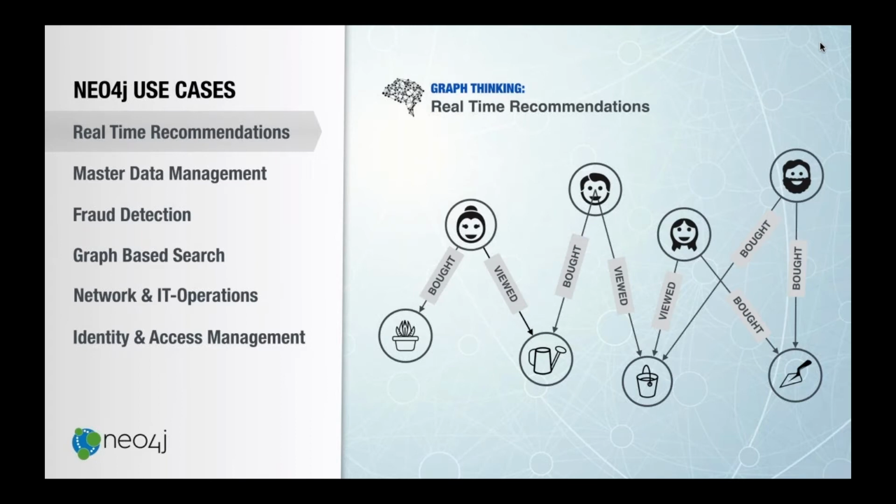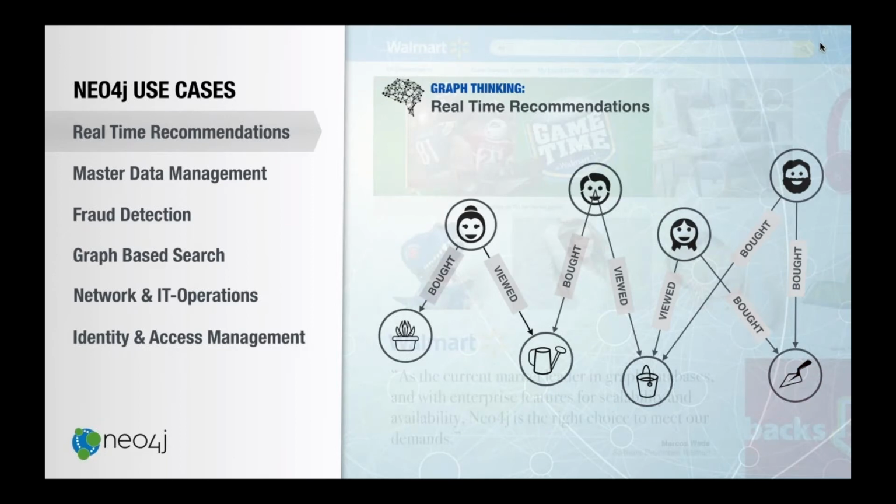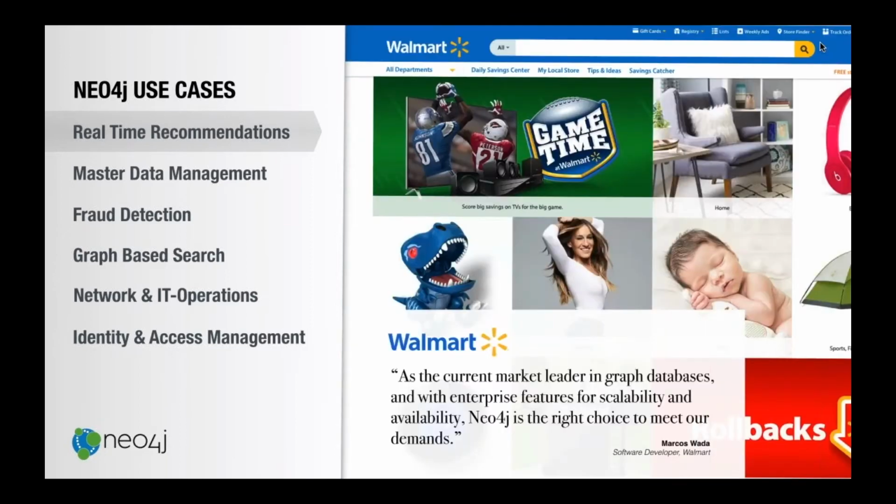It allows you to spin up an instance of Neo4j and look at the different ways that you might want to perform recommendations on a sample data set. And it guides you through, in a step-by-step tutorial, how to do recommendations on top of Neo4j. So that's a fantastic resource for you folks. As I mentioned, 6 of the top 10 retailers use Neo4j, Walmart being one of them.